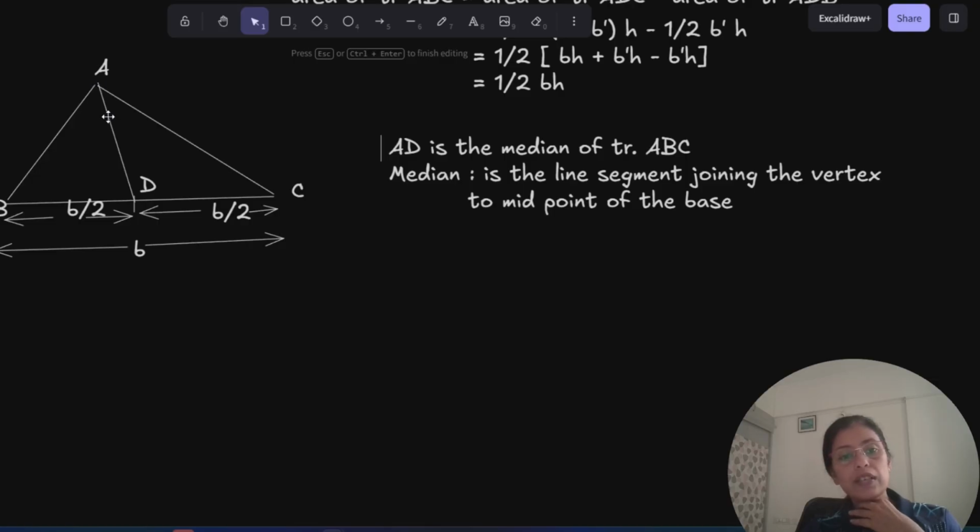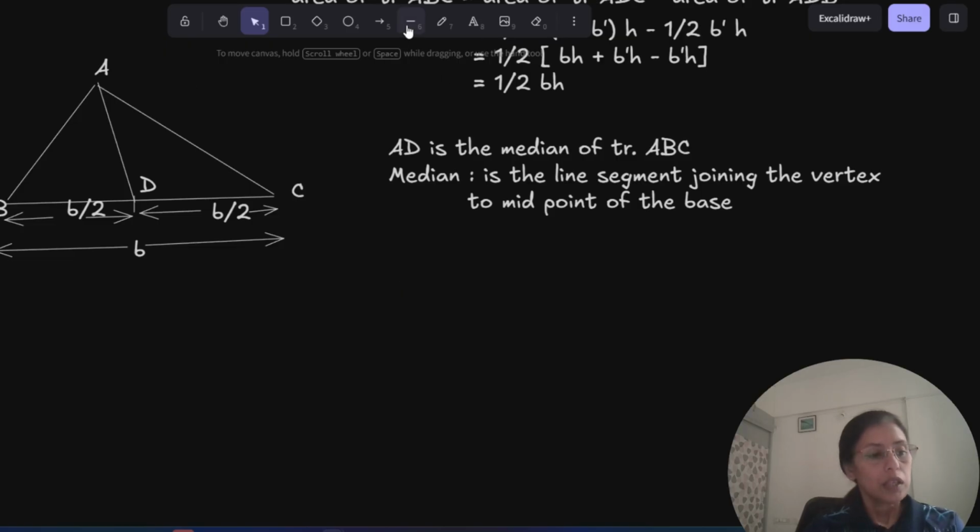Or we can just say joining the vertex to the midpoint of the opposite side. Okay, so now we have been learning about area. So here also what we are going to do is we will see now how the things are in case we draw a median. How the area looks like if we draw a median.